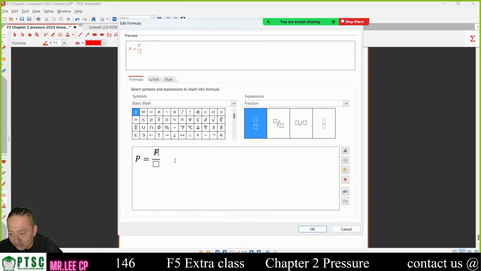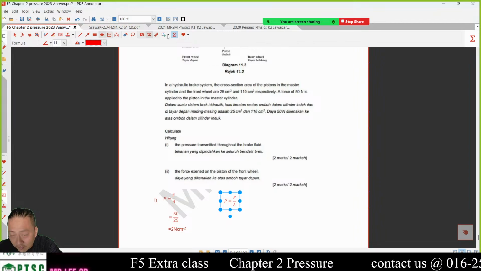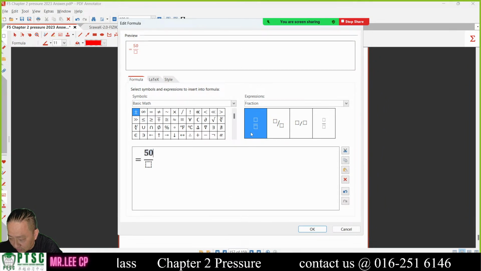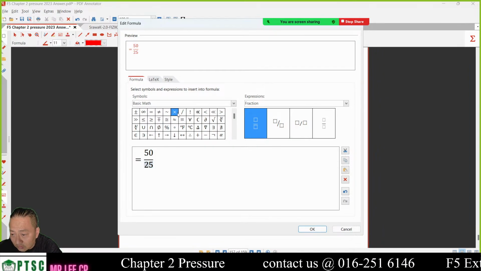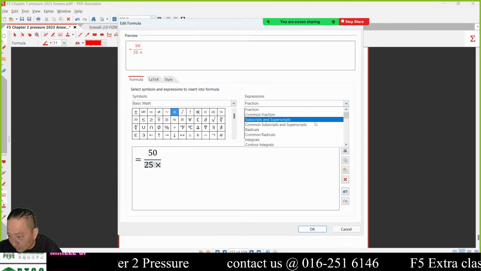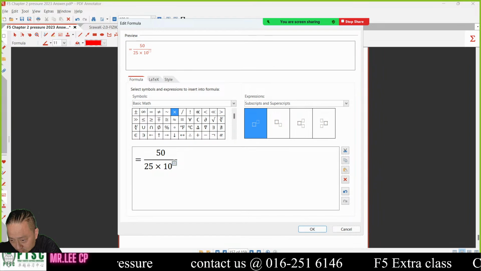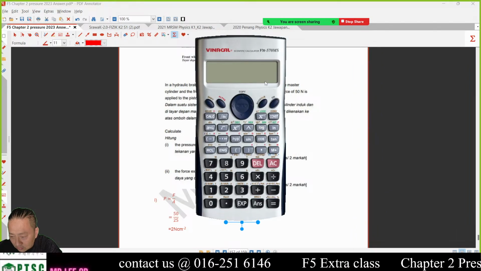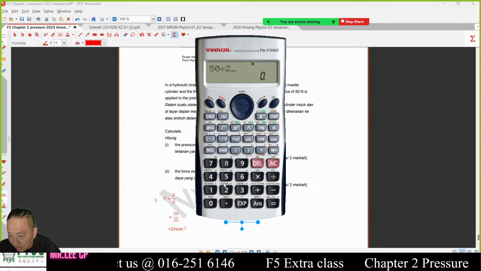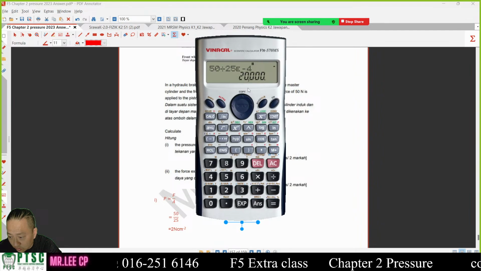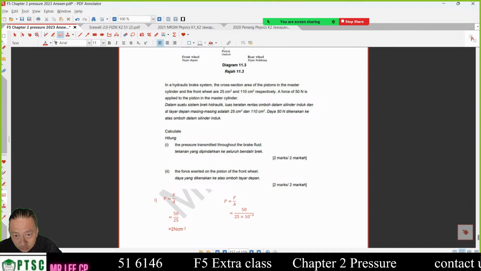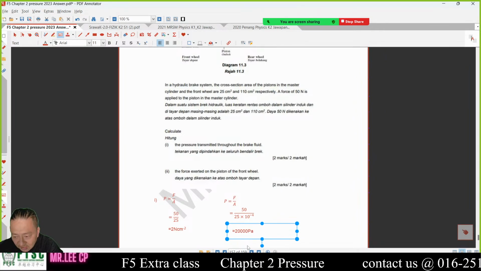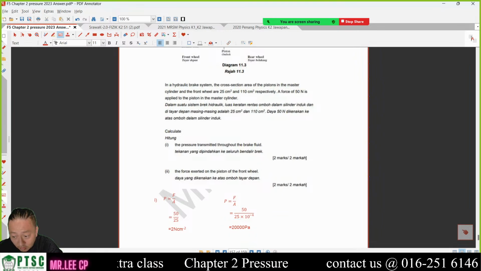Force over area equals force is 50, area is 25 times 10 to the power of negative 4. So 50 divided by 25 times 10 to the power of -4, you will get 20,000. The unit is Pascal, or Newton per meter squared, right?